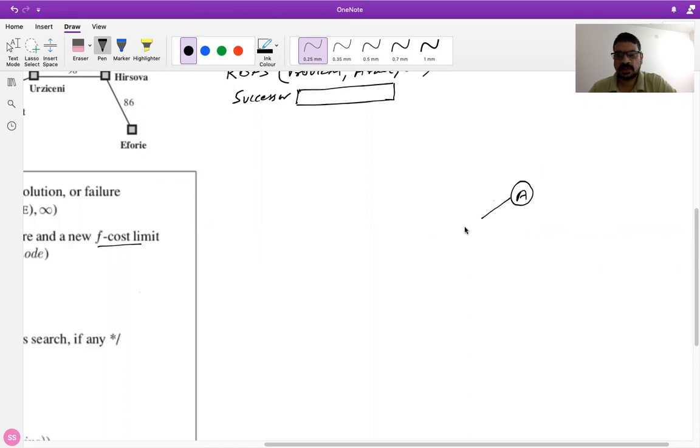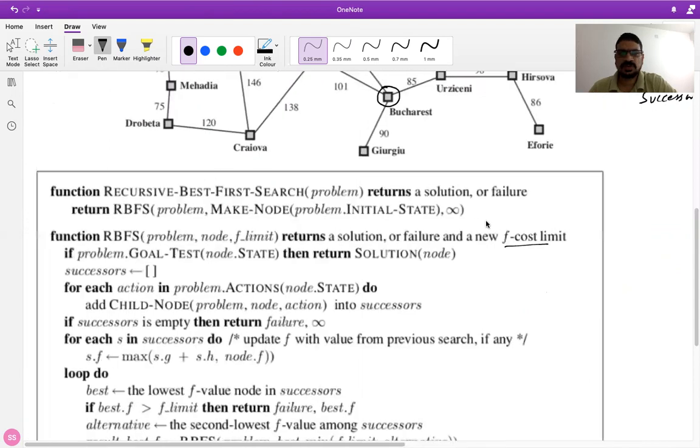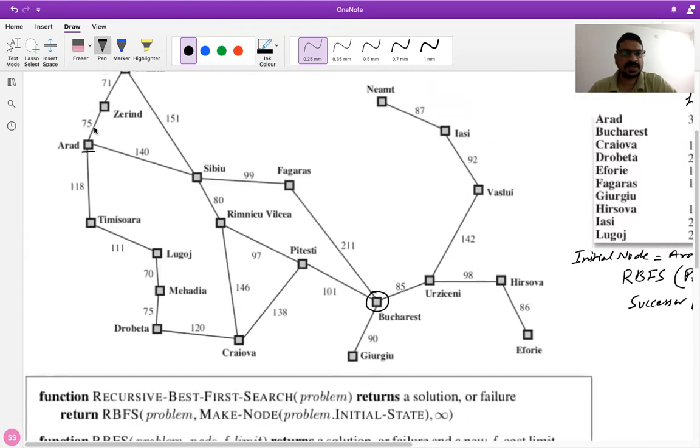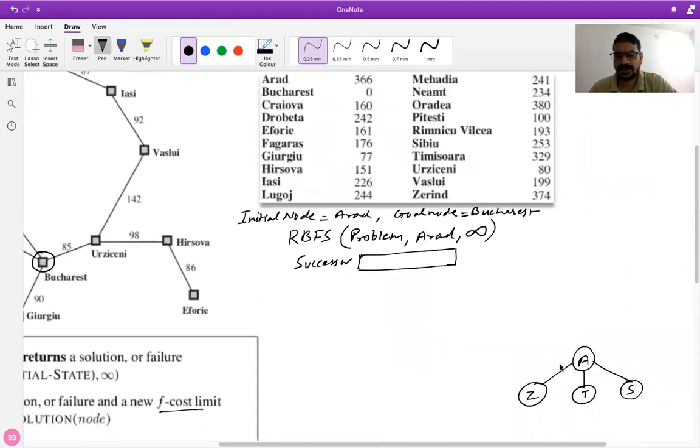I can go to Zerind. Second, I can go to Timisoara, or I can go to Sibiu. Yes, these are the three cities. What is the cost from Arad to Zerind? From Arad to Zerind, it is 75.